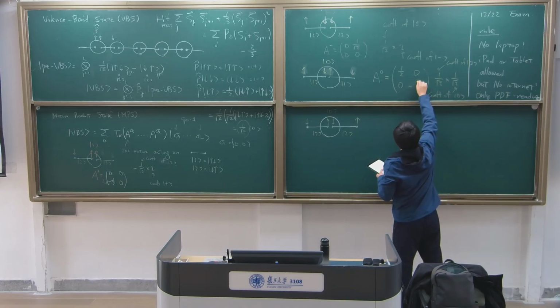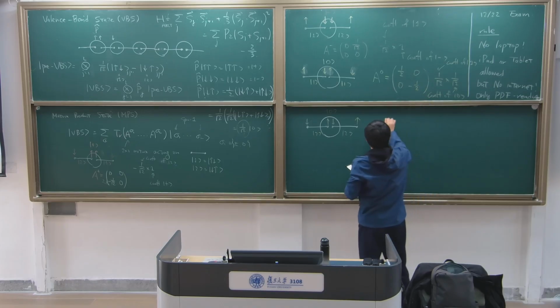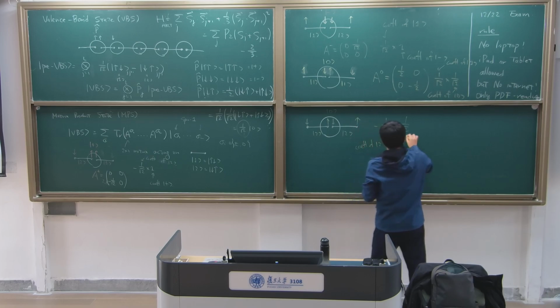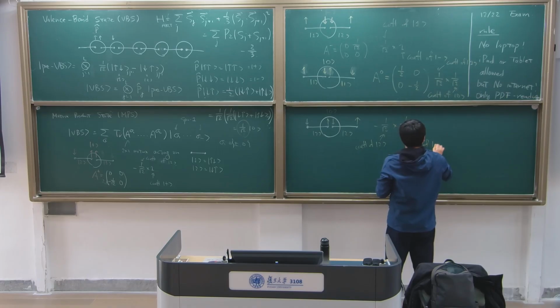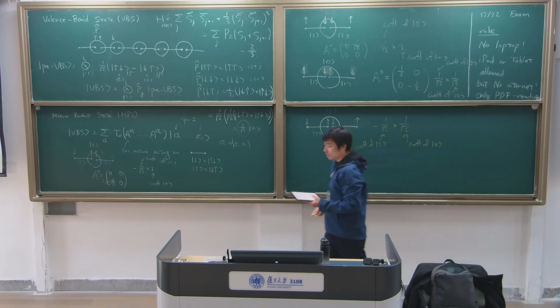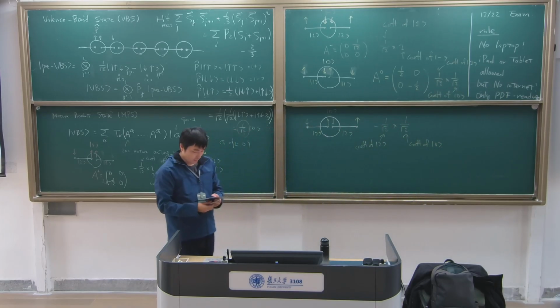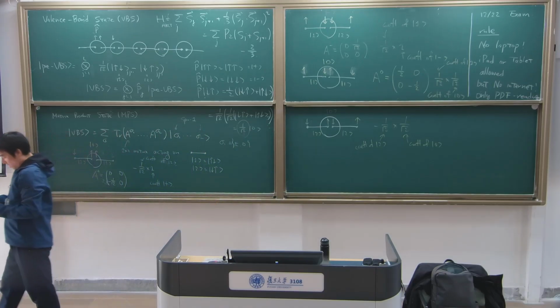It should be minus 1/2. So this is minus square root 2 times 1 over square root 2. This comes from the coefficient of the Q state, and this is the coefficient of the unit. That's what I failed to explain last time. Okay.